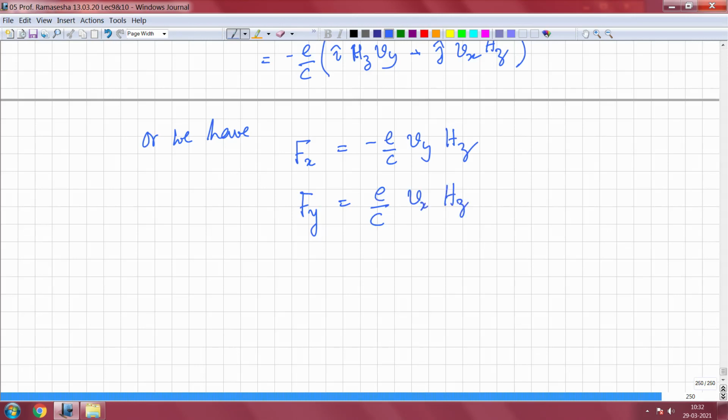From now on I will drop the subscript z on H, because we assume the field is applied along the z direction.